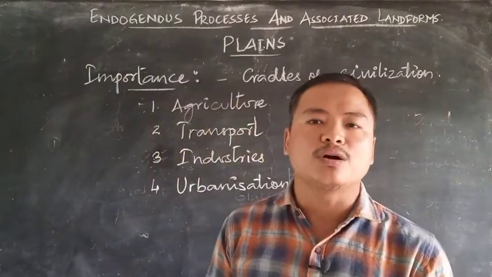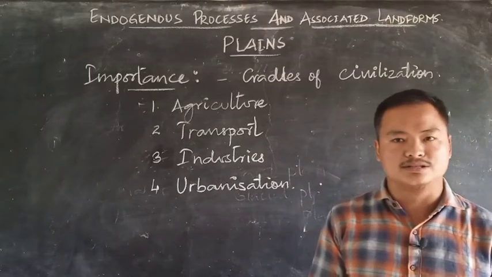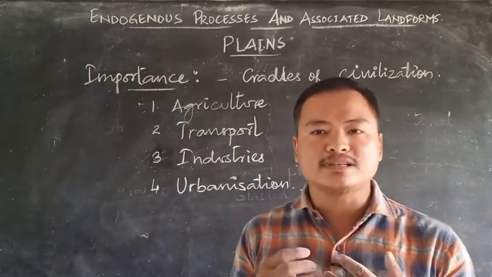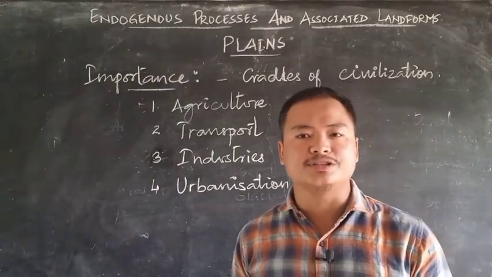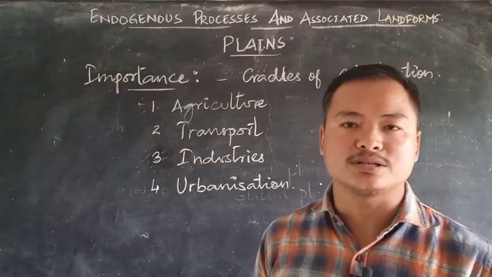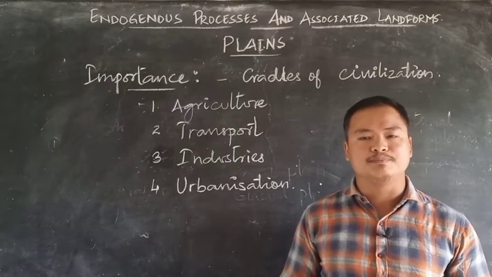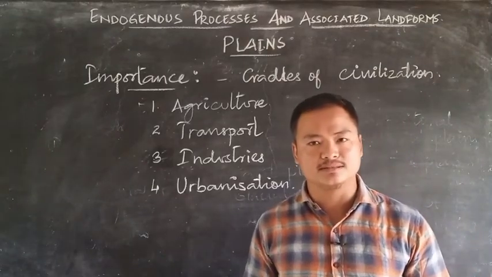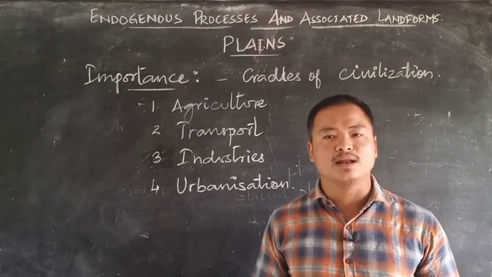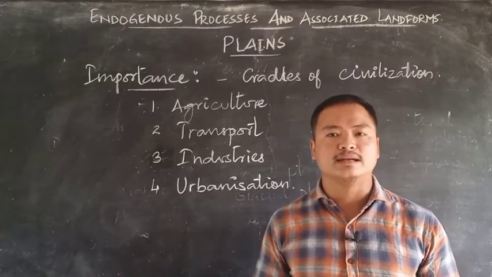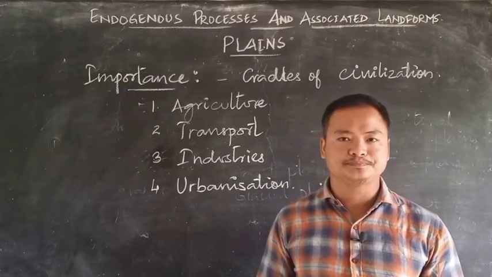Now the last one to be discussed is urbanization. We see that agriculture is so beneficial in plains, the transportation system is very well connected, and industries are well set up in the plains, so urbanization automatically originates.